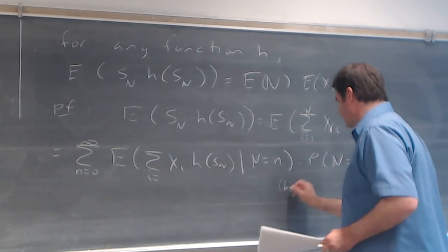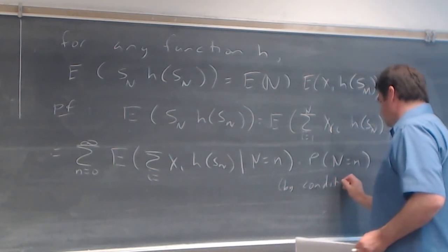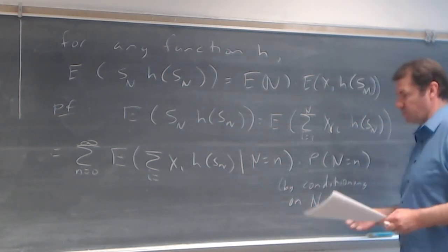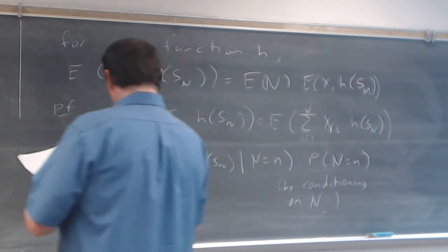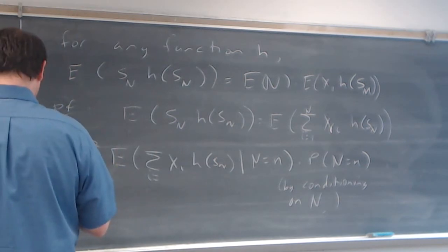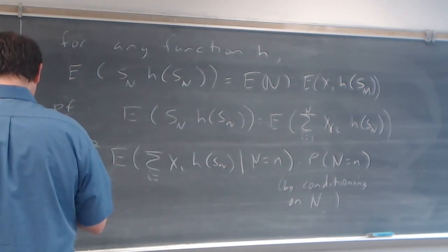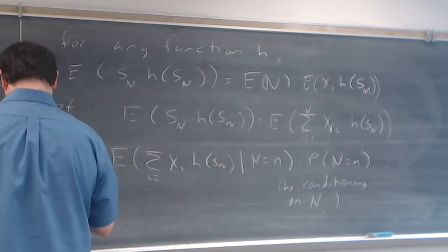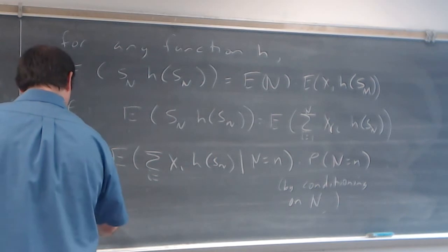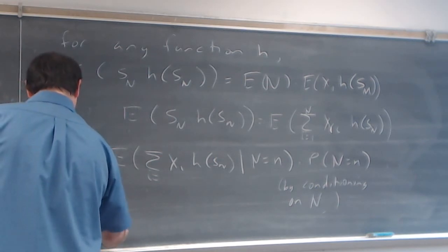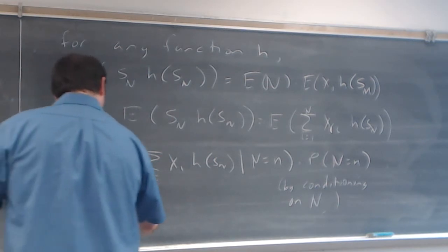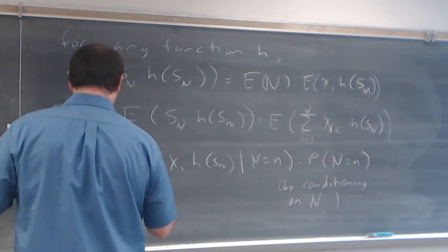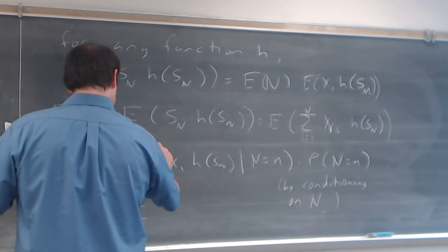Again, this is by conditioning on big N. That's what we're doing. All right, and that is equal to the sum as n runs from 0 to infinity of the expected value. Here I made a mistake. This is I runs from 1 to big N.